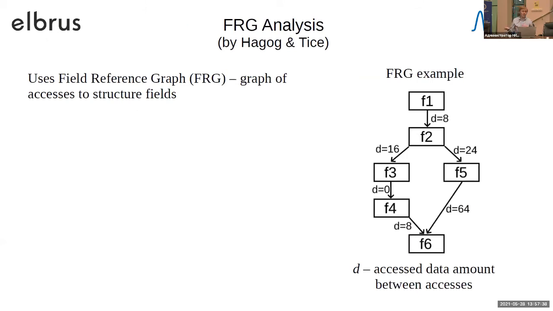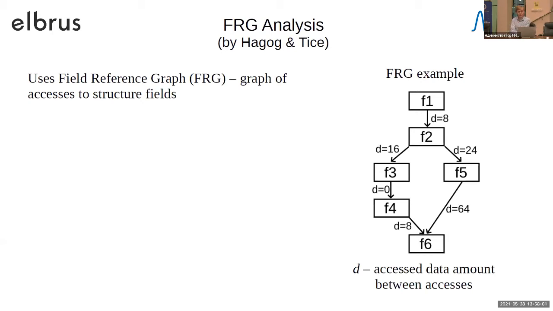So let's go further to what is known right now. There is set of optimizations, as they are named structure layout optimizations in GCC. They use field reference graph, a graph of accesses to structure fields.